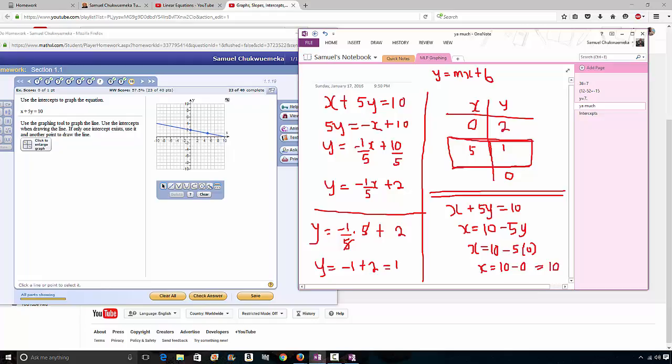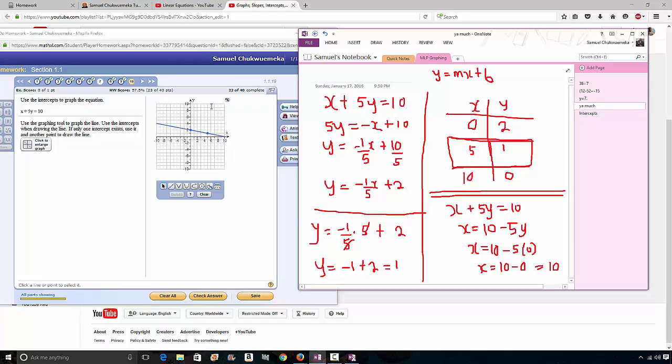So, when you want to find the y-intercept, express the equation in terms of y, solve for y, then set x to be 0 and get y. If you want to find the x-intercept, express the equation in terms of x, then set y to be 0 and get x. So this is 10.